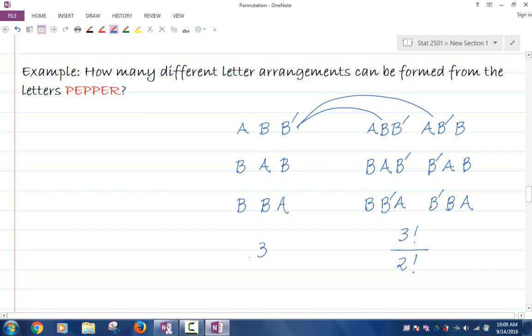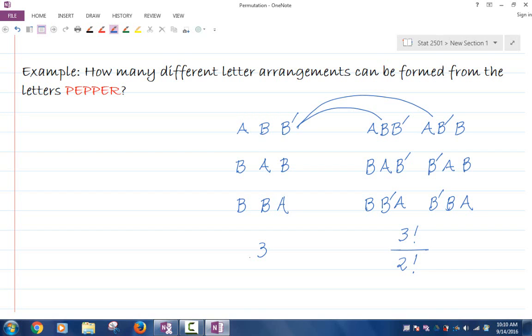So notice that for each distinct permutation, there are 2 permutations if we think of the B's as distinct. That's why 3 factorial is the number of permutations assuming they were distinct, and if I divide that by 2 factorial, I'm going to get the actual number of permutations. Is that making sense?